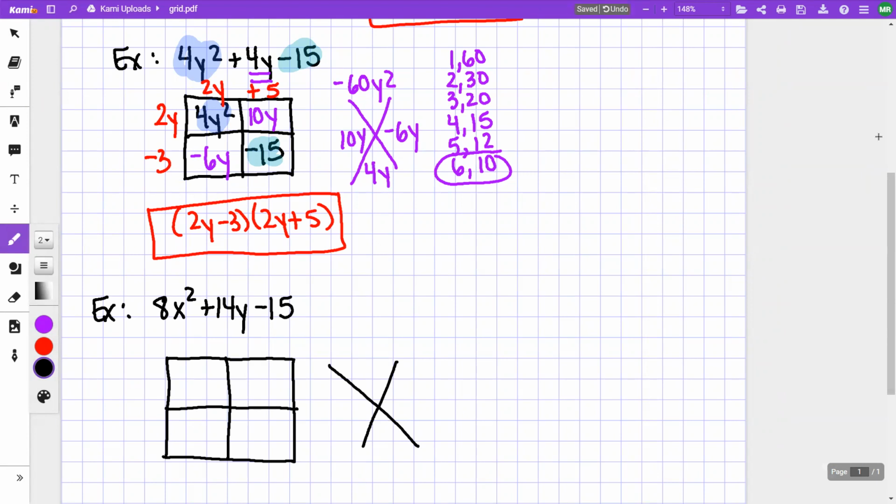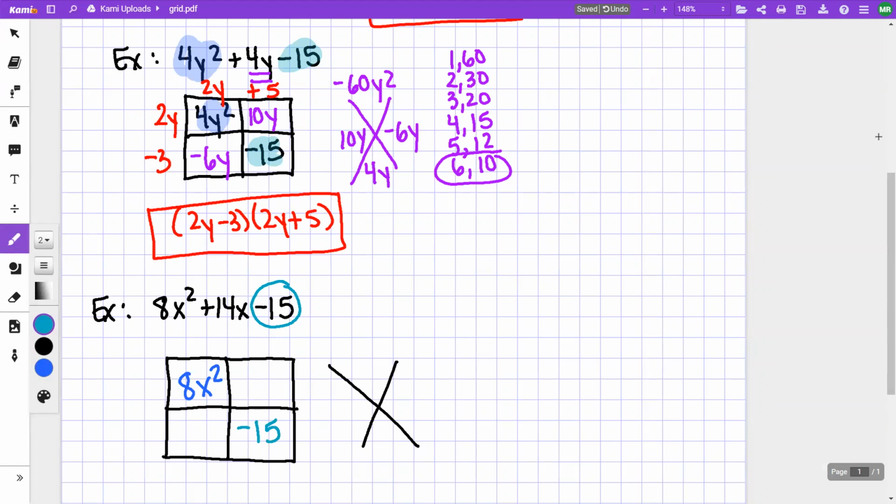And I am going to be looking at my 8x squared. Sorry, 8x squared. I'm putting an x here. I don't know why I changed the variables. Both of these are going to be x's. And then I'm going to put the minus 15 here.